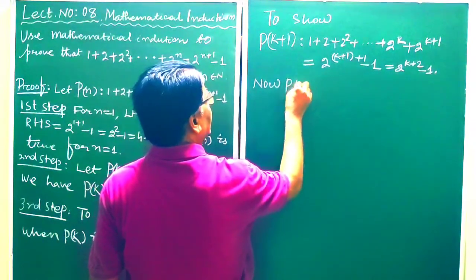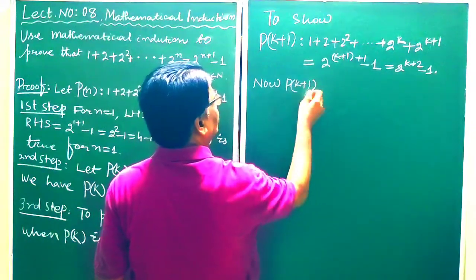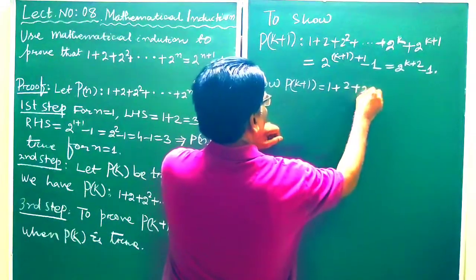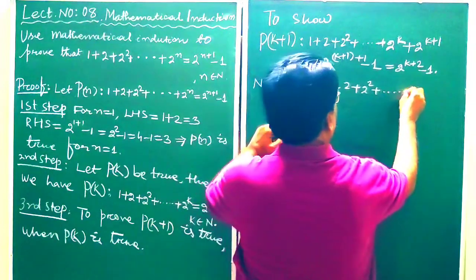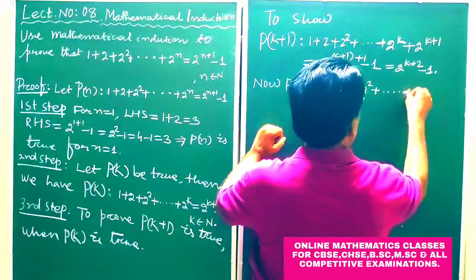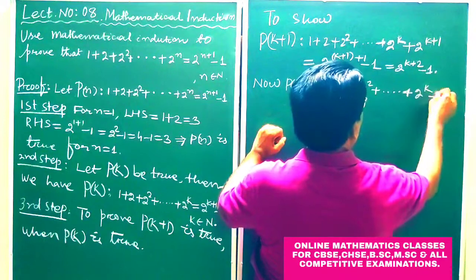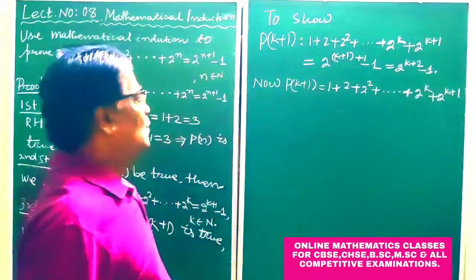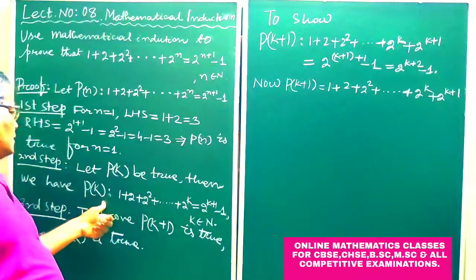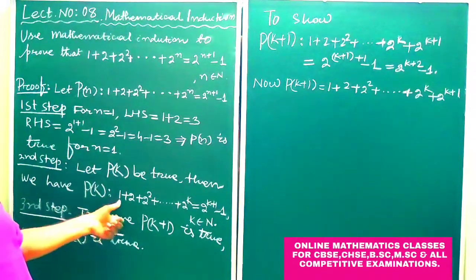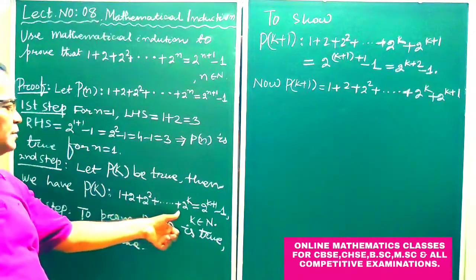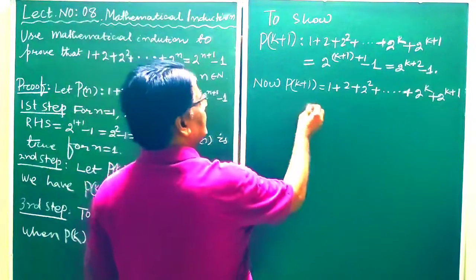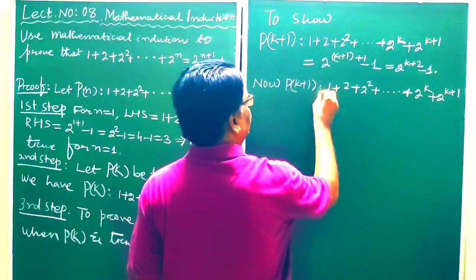Now, P(k+1) equals 1 + 2 + 2² + ... + 2ᵏ + 2ᵏ⁺¹. Now P(k) is true, means 1 + 2 + 2² up to 2ᵏ is equal to 2ᵏ⁺¹ − 1. So this stands for this.